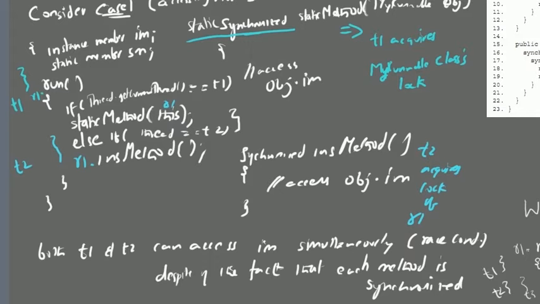Now T1 would be trying to modify the instance member in the static method, whereas T2 would be trying to access or modify the same instance member, because if you notice, this has been passed into the static method.